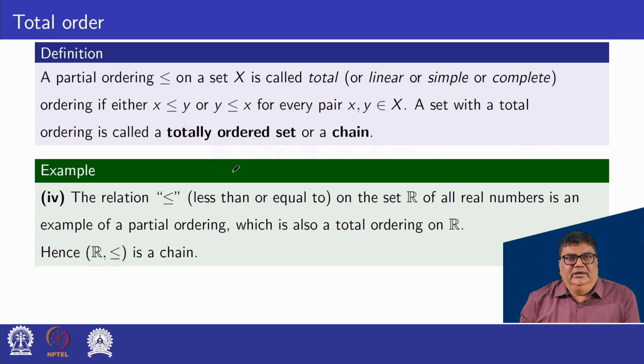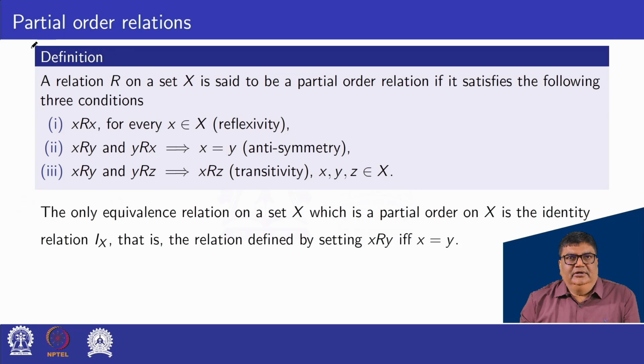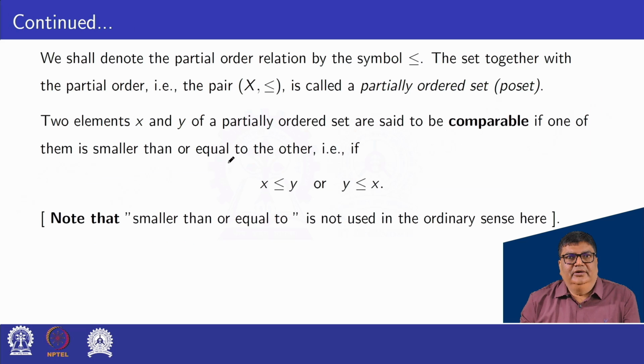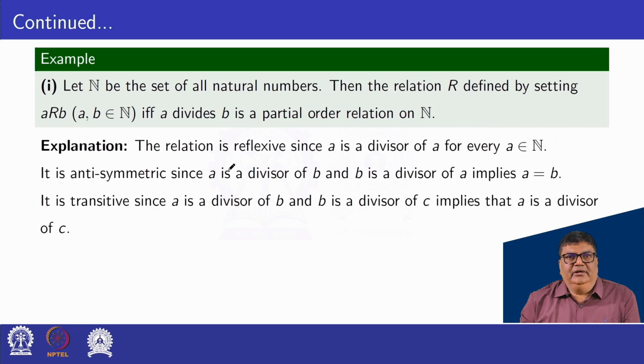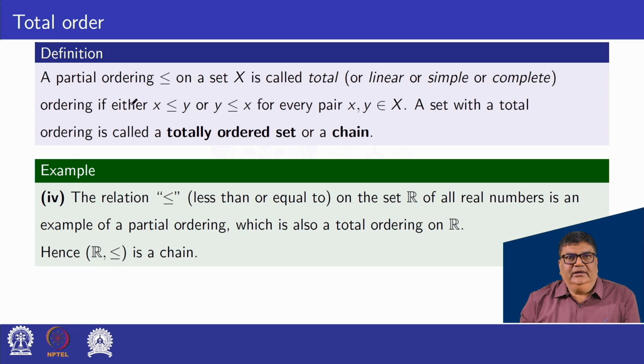In the partial order relation, x R y and y R x implies x is equal to y. But in total order, either x less or equal to y or y less or equal to x.